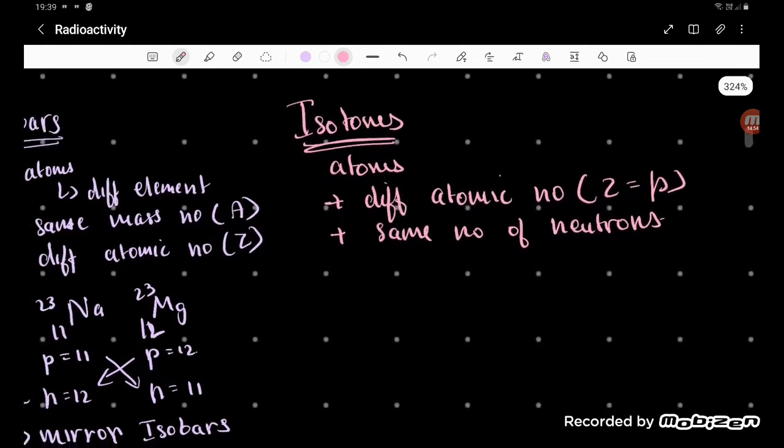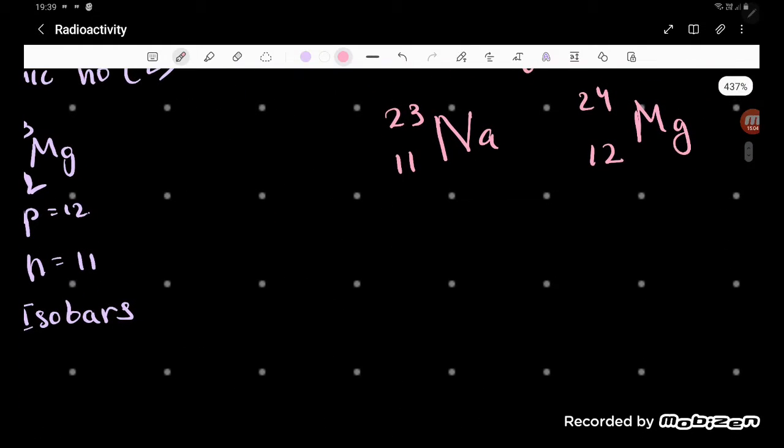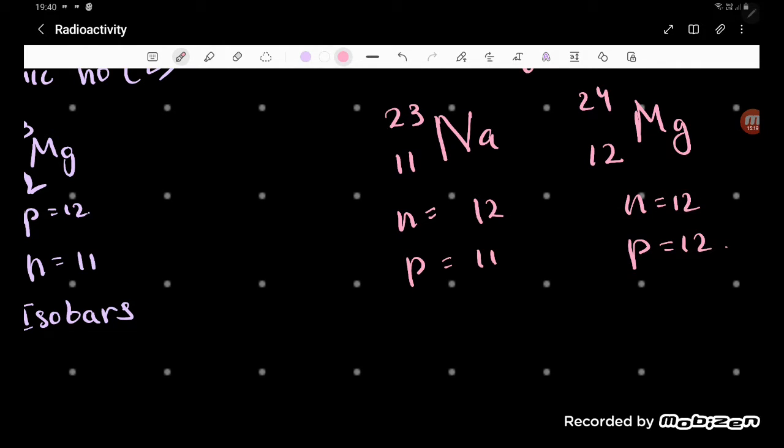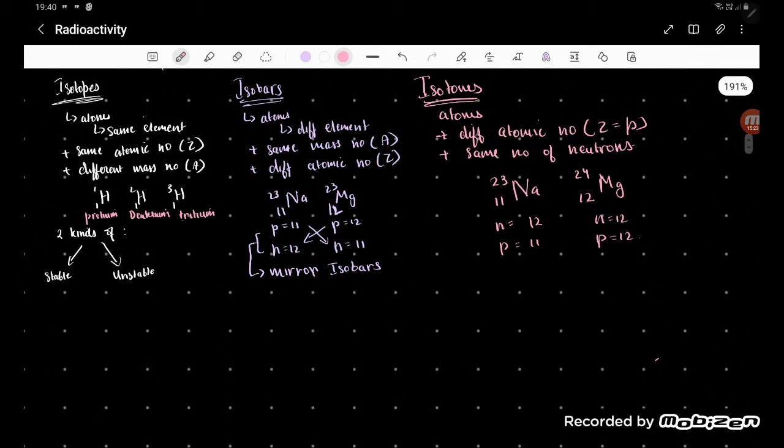An example for this is Na 23 11 with Mg 24 12. They both have the same number of neutrons, which is 12. Don't get confused.